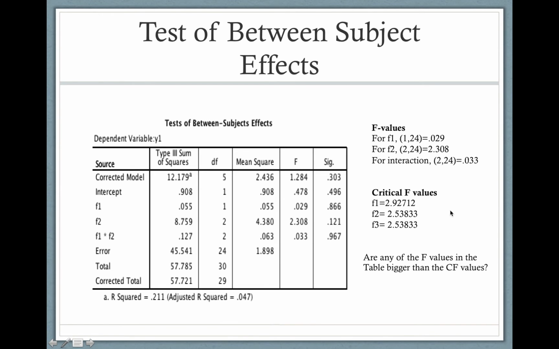What we want to know is, are the F values bigger than the critical F values? So are any of these values bigger than any of these values? The answer is no, which brings me to the conclusion to fail to reject the null for F1, F2, and the interaction. And the same is found in the significance column. As you can see, none of these values are less than 0.05. So we're still going to fail to reject the null.